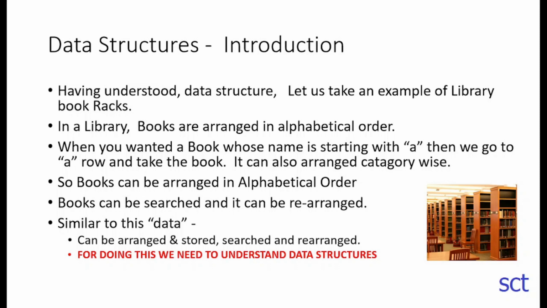Books can be searched and they can also be rearranged, for example within the alphabetical order you can categorize them further. Similar to this, data can also be arranged, stored, searched, and rearranged. For doing this, we need to understand data structures.